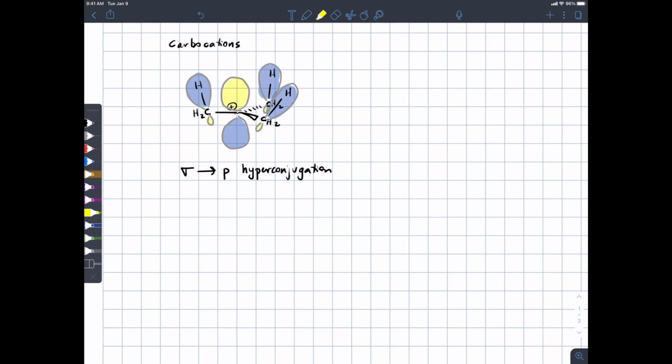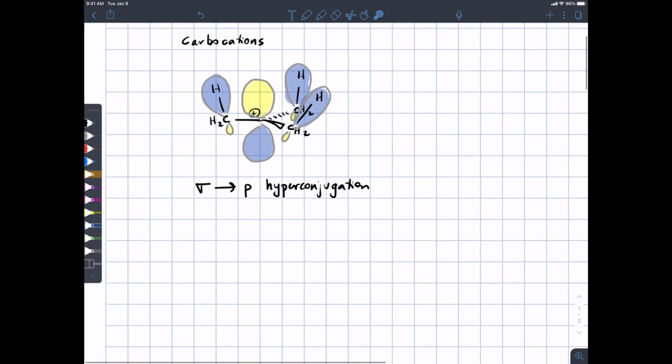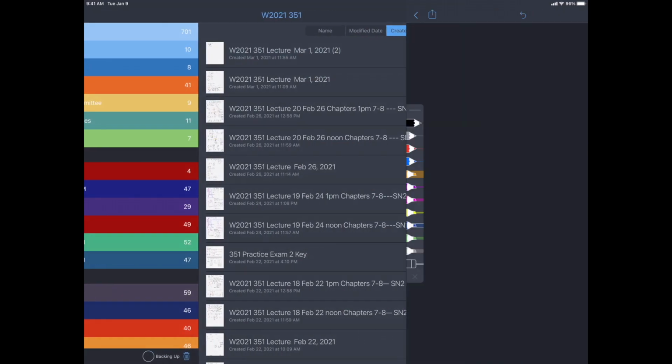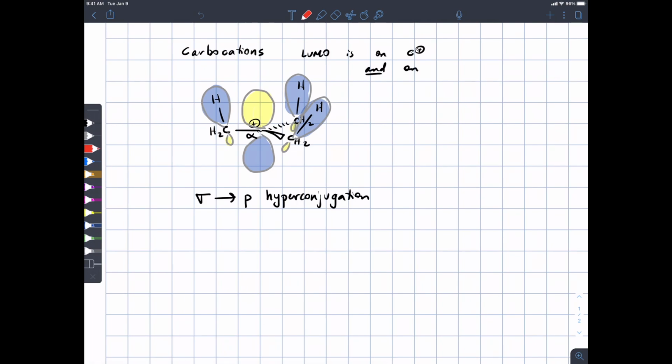I don't believe I've ever drawn it this way before in class. I've usually just focused on one of the carbon-hydrogen bonds. But I want to point out that in the carbocation, the LUMO is on the positively charged carbon and on, remember our new way of talking about carbons in alkyl halides and carbocations, we've got the alpha carbon, which is the one that has the positive charge, or the alkyl halide, and then the beta carbon, which is the one adjacent to it.